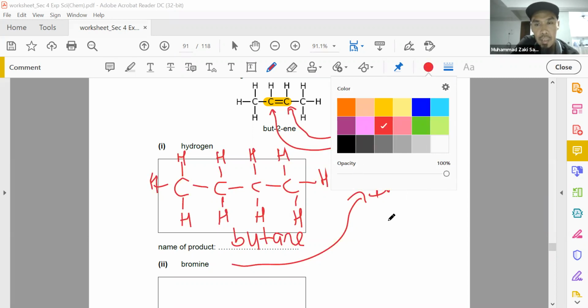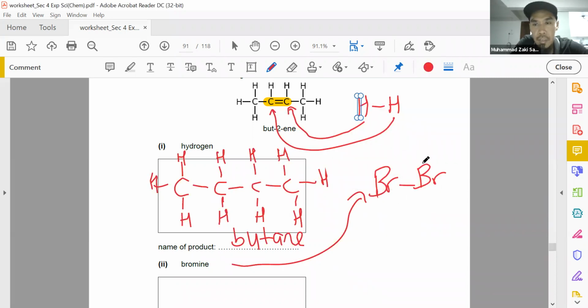Now, this bromine will go to the carbon here. The other bromine will go to the other carbon. I repeat again, go to the other carbon, not the same carbon.